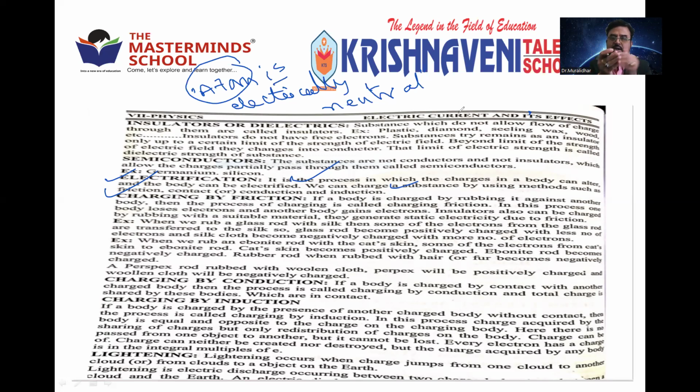Either amber, fur, glass rod, silk cloth, ebonite rod, cat skin, comb and hair: any two bodies when you rub, they both will get the charge. Such a method is called electrification, and that specifically is charging by friction. So the first method of electrification is charging by friction.